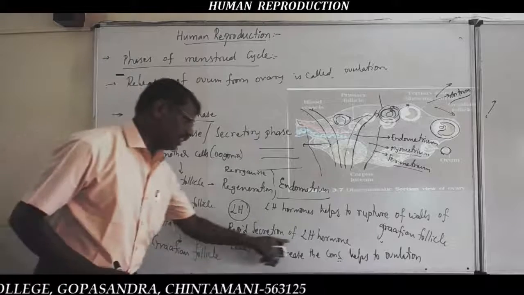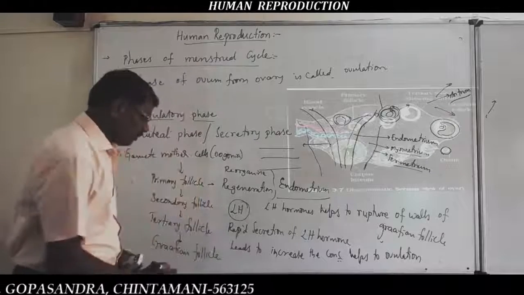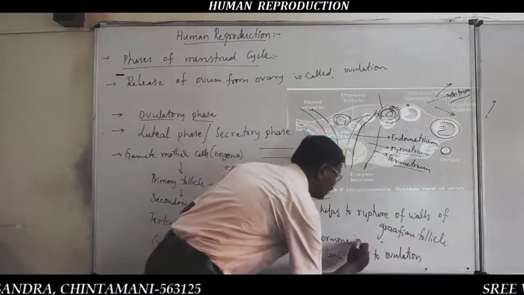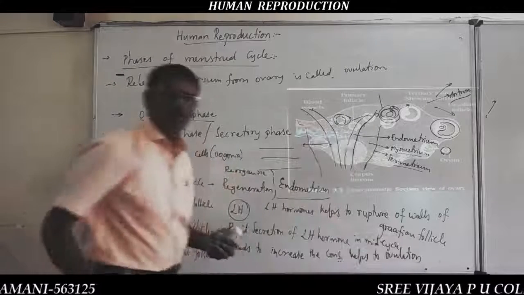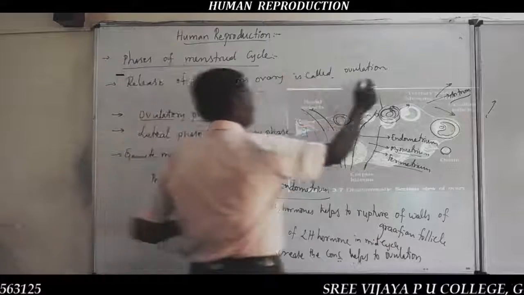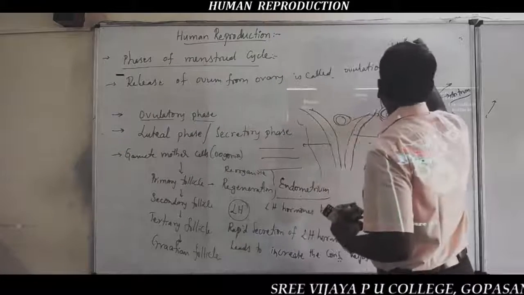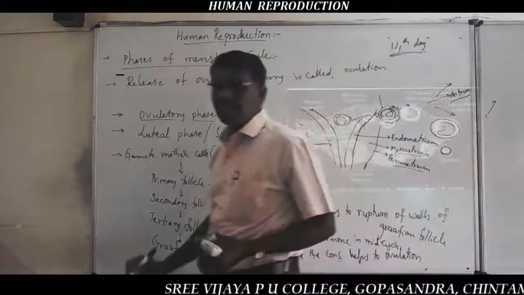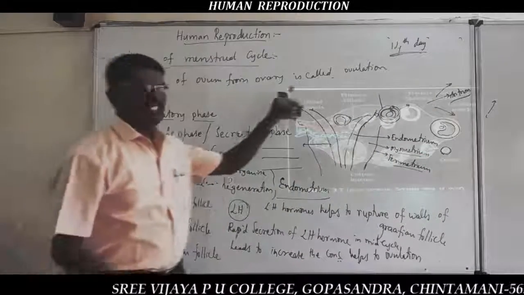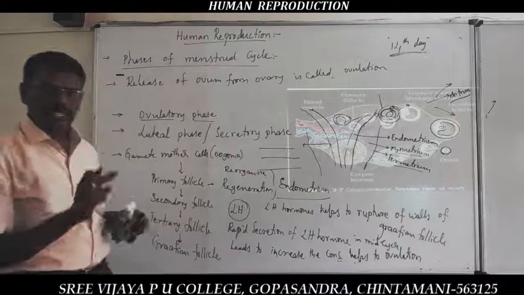So rapid secretion of LH hormone in mid-cycle, that is the 14th day, releases the egg, that is, the ovum.